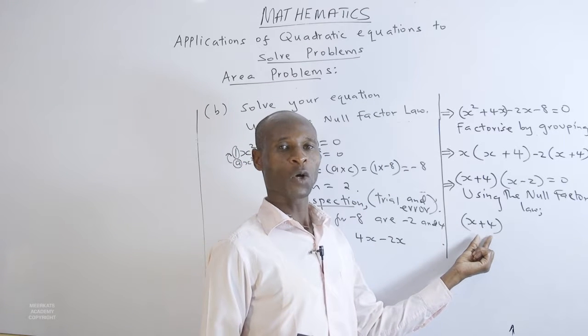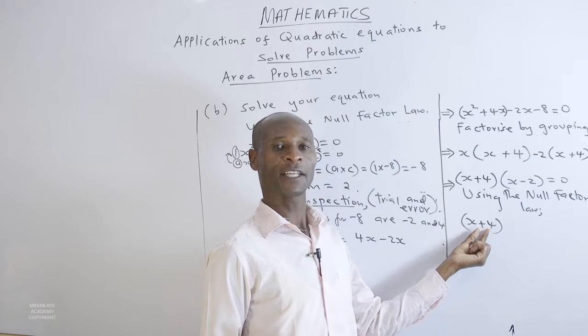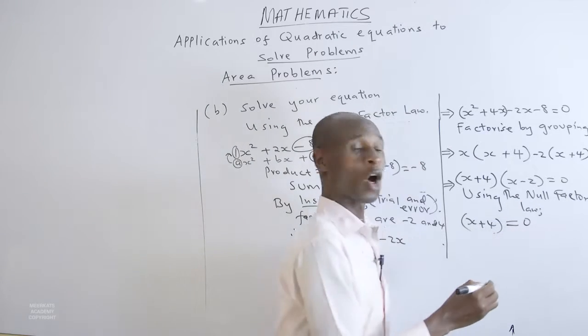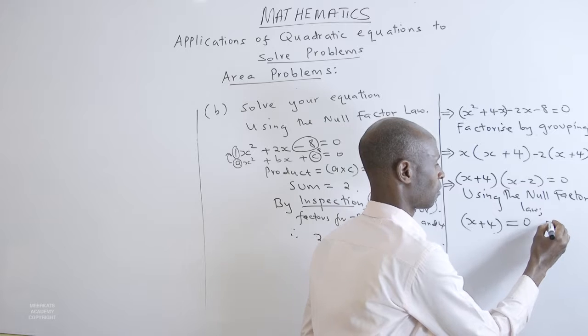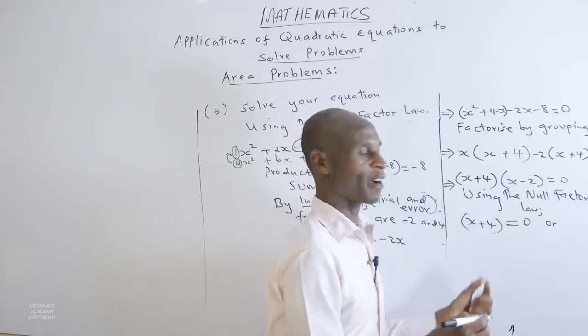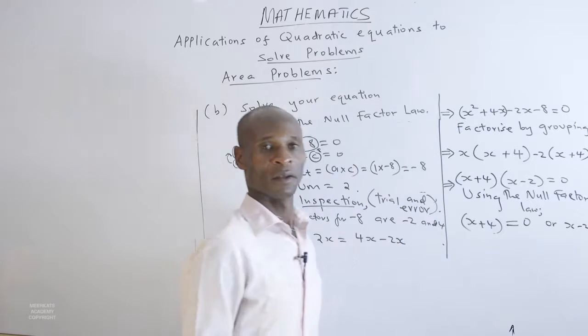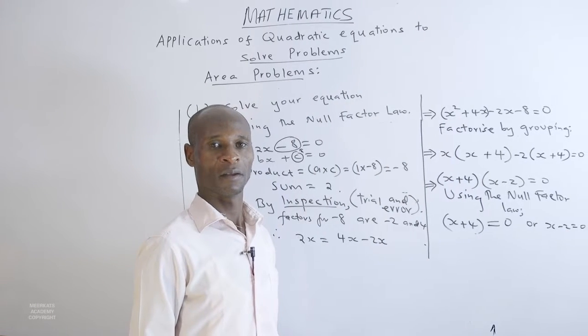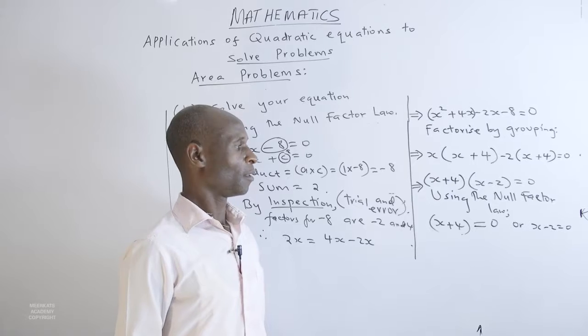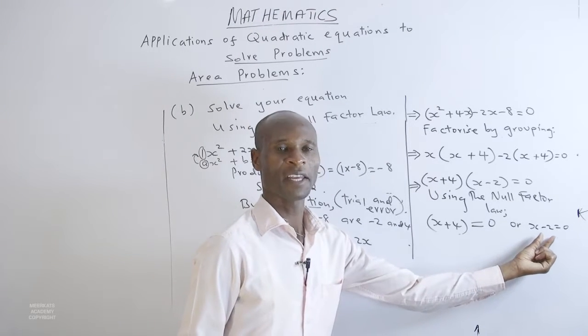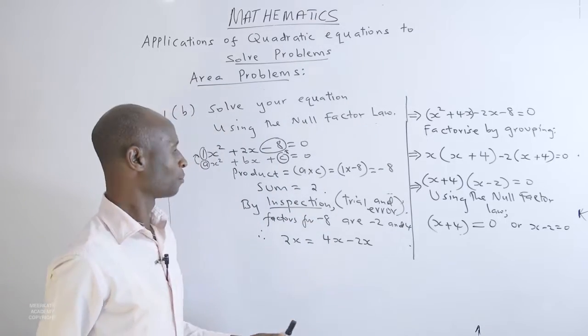Using the null factor law, the first linear factor x plus 4 will be equal to 0, or the second linear factor x minus 2 is equal to 0.